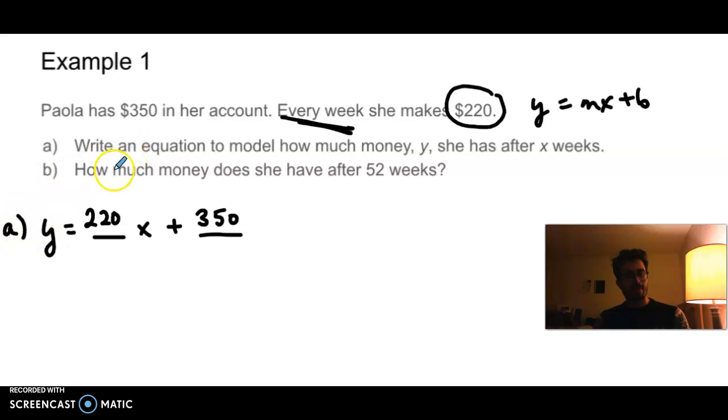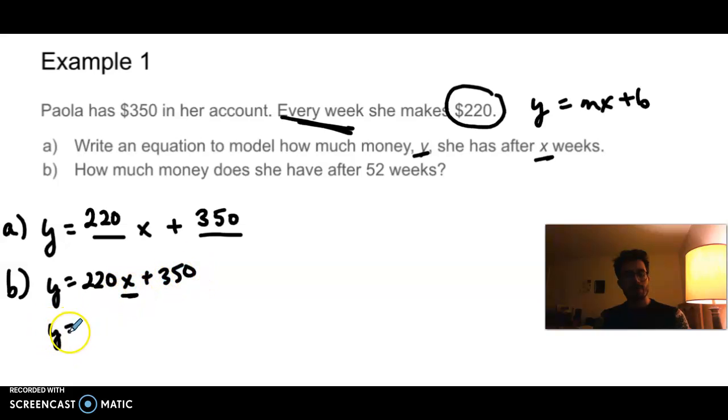This is part A. It's saying write an equation to model how much money Y she has after X weeks. So X represents how many weeks have passed. Y will be how much money she makes. So if we want to figure out how much money she has after 52 weeks, we just plug in 52 for our X. So in for X, we put 52.